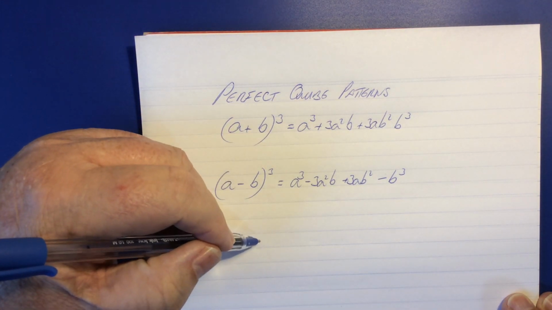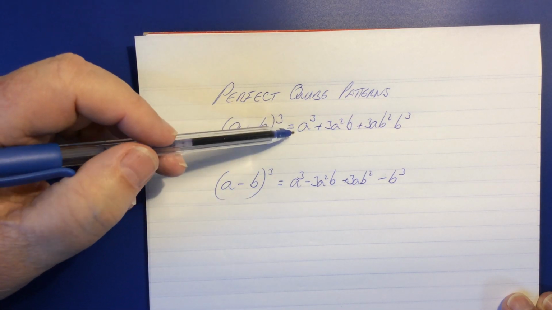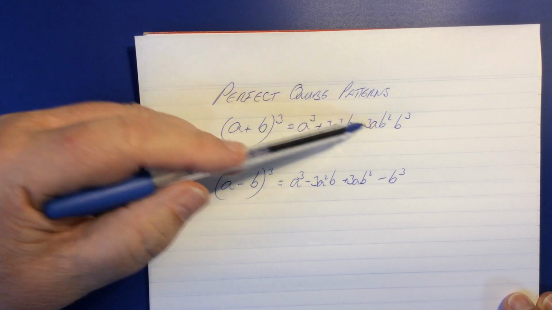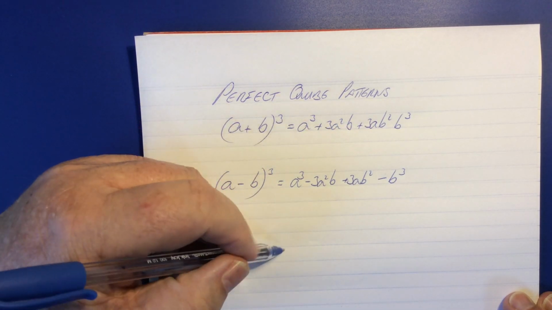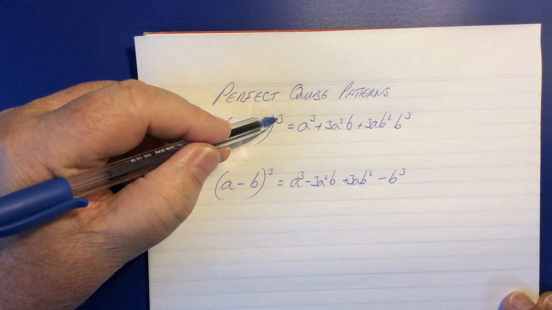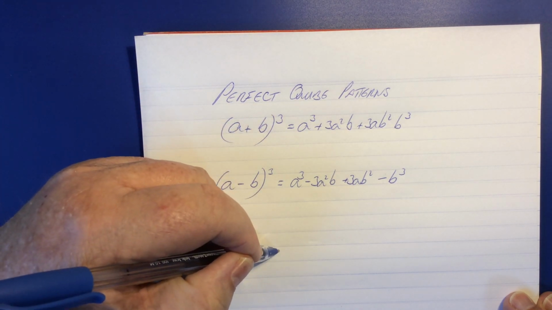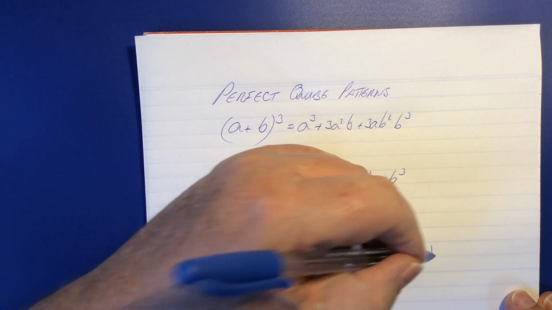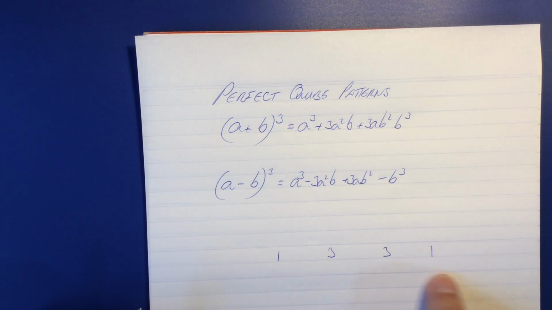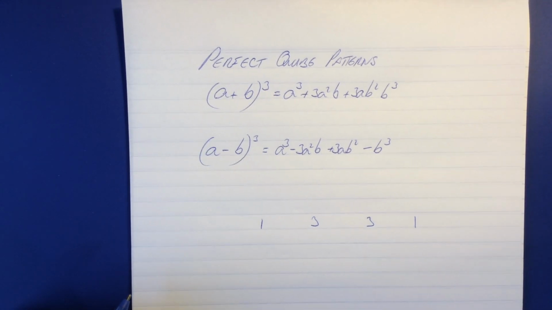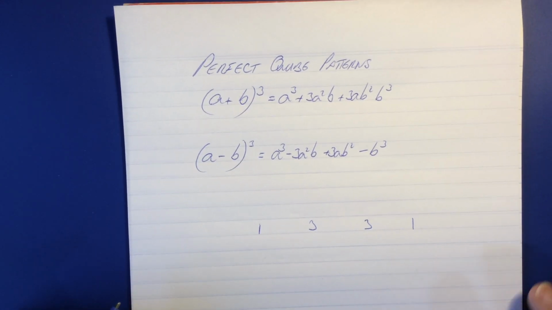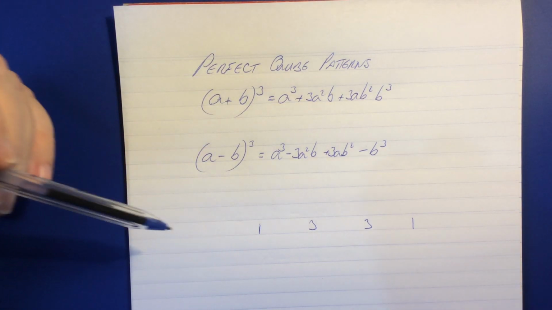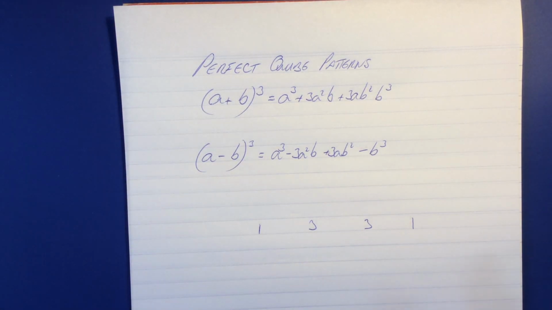Okay, so the first thing to note is that we've got some obvious coefficients in here, and the coefficients of an expansion like this are actually 1, 3, 3, and 1. Now we get these from the fourth row of Pascal's triangle. Again, those of you familiar with binomial theorem, this will be nothing new to you.